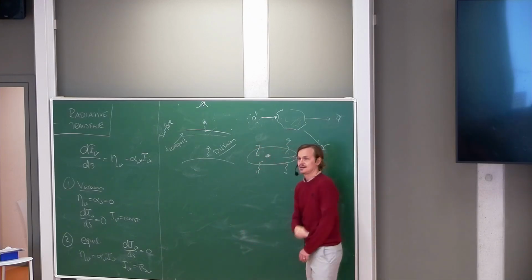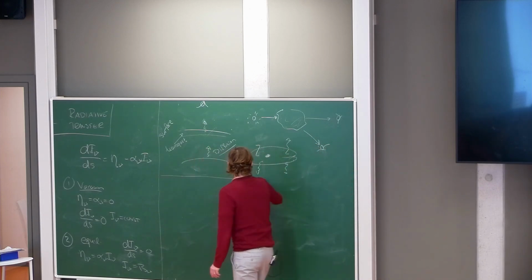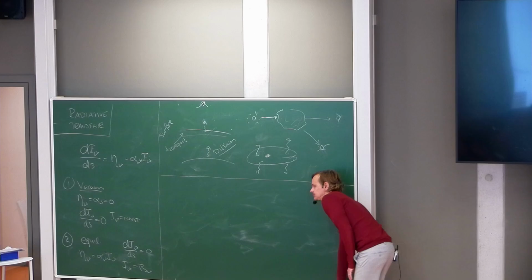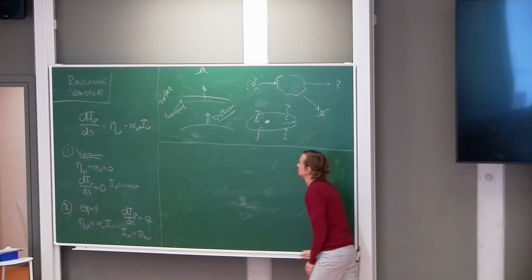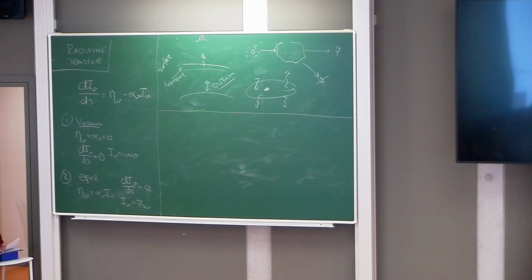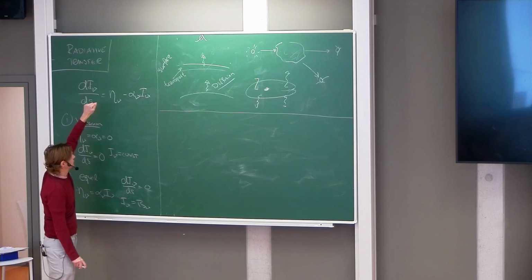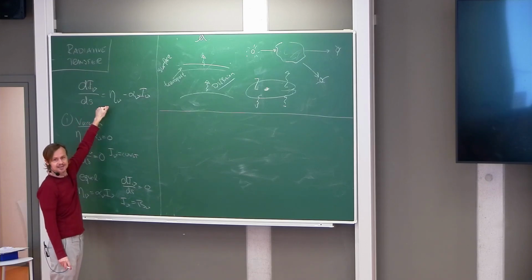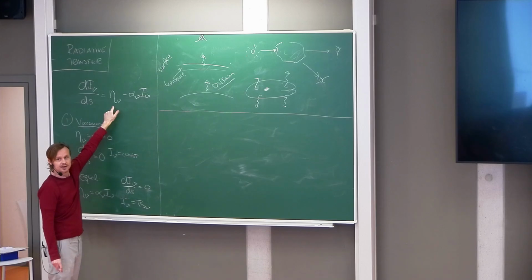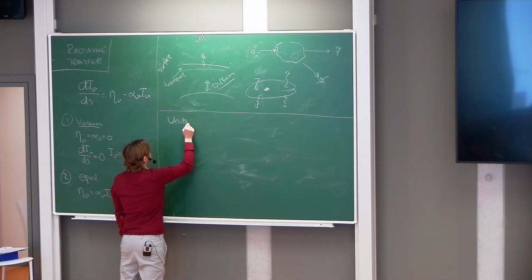So these are various forms of objects which we might or might not be interested in. All right, back to the equation and how we actually solve it. Well, first we're going to do a little detour again and mention a little bit on the units.